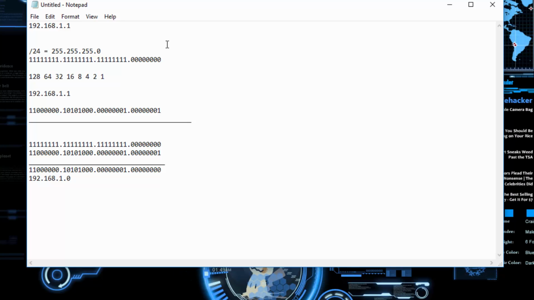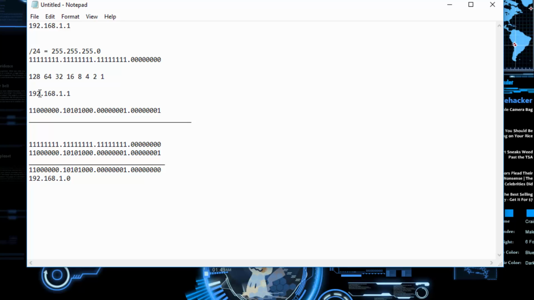But why is it like that in the first place? And in fact, why is it called an octet? It's because each one of these is 8 bits. It's in binary, and it's represented by the following equation. For example, we have 192.168.1.1.